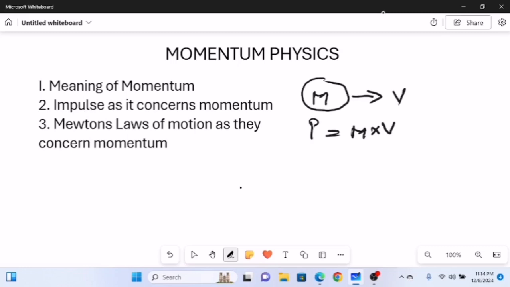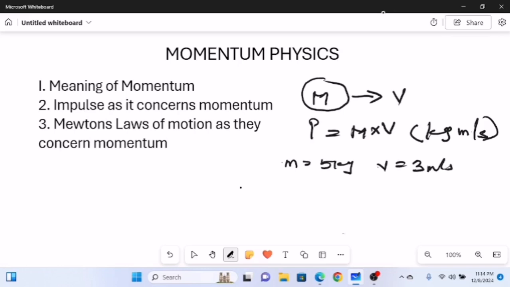Now we all know that the unit of mass is kilograms and the unit of velocity is meters per second. So this simply means that the unit of momentum is kilograms meters per second. Now let's say I have an object which has a mass of 5 kg and is moving with a speed v equals 3 meters per second. What is the momentum in this case?